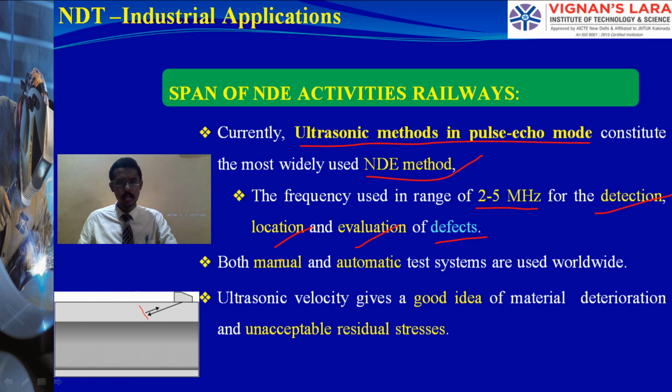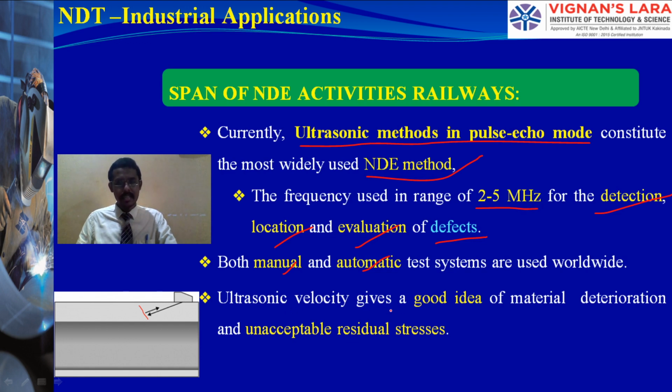In this ultrasonic method, both manual and automatic tests are available in the market, and as per the requirement, sensitivity, and suitability to reach that location, we can use the manual method if it is possible to reach there. If not possible, we can use automatic functions and a robotic operated ultrasonic setup.